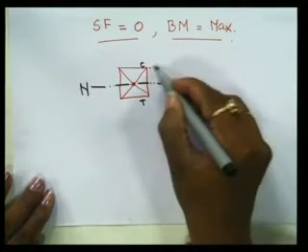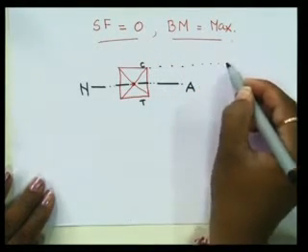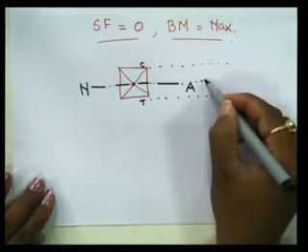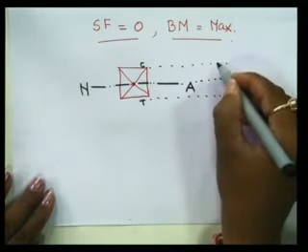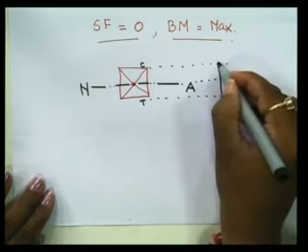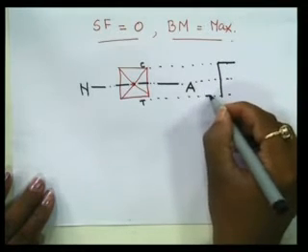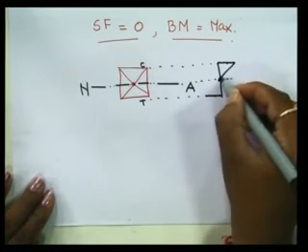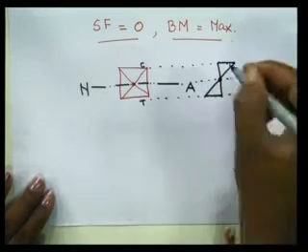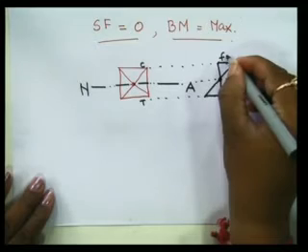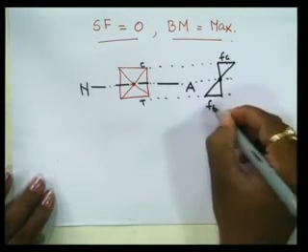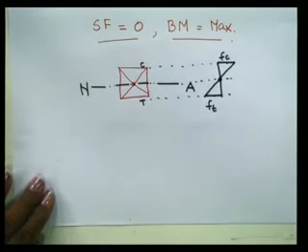Now if I want to draw a bending stress diagram, we know that the bending stress is maximum at the top and at the bottom, and is 0 at the neutral axis. This all we have studied in our previous lectures. So at the top we have bending stress and compression. At the bottom we have bending stress and tension, for a sagging bending moment.